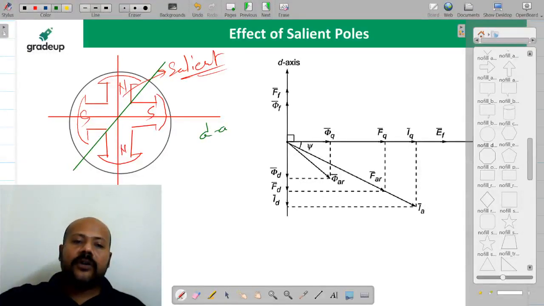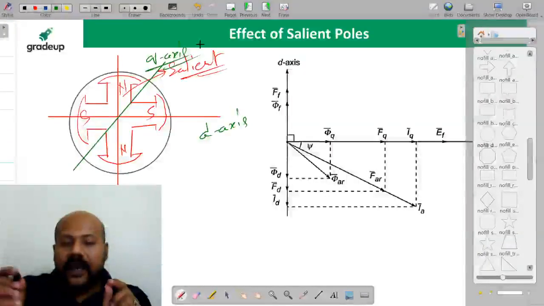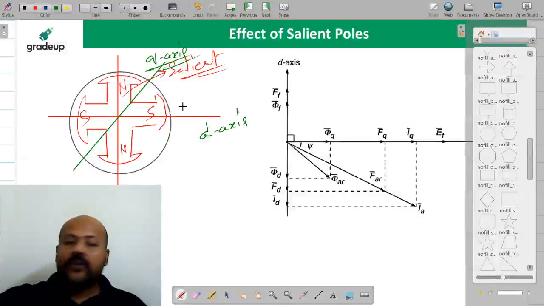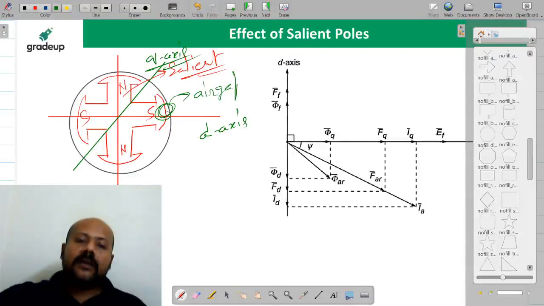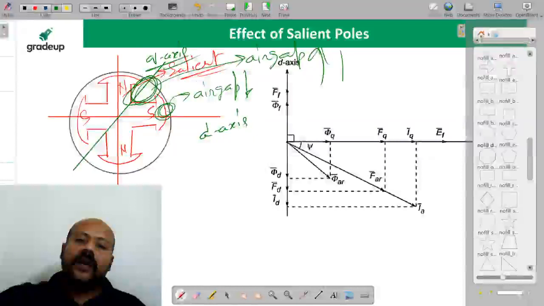Suppose this is your D axis and this is your quadrature axis. So very easily you can say that the direct axis air gap is going to be very less, minimum. And if you come to the quadrature axis, the air gap is going to be very large.